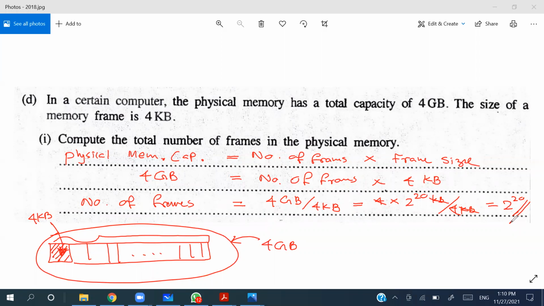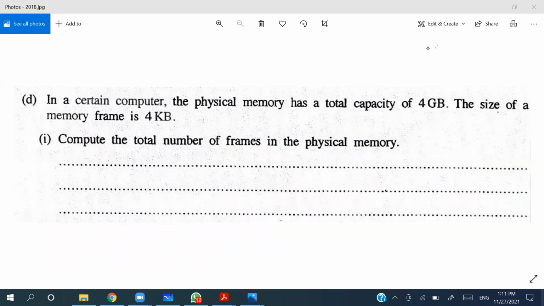Right, okay. So you are going to experience the new method of the question, right?